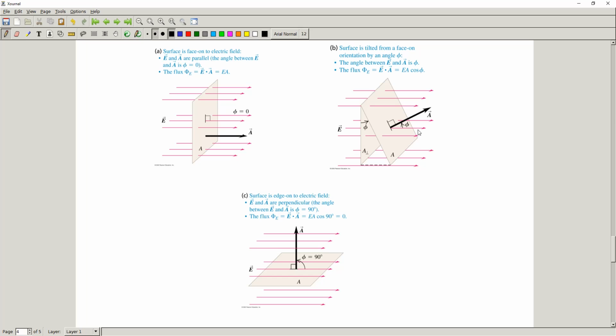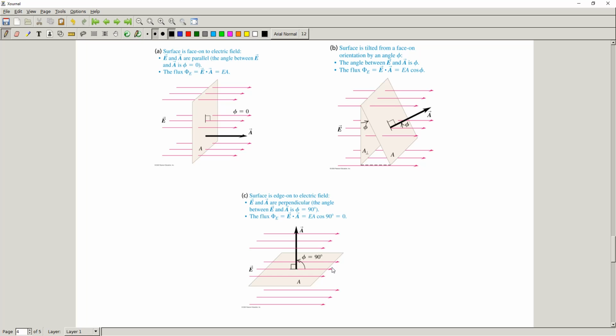And so we're going to have somewhat less flux going through there. And in image C, we can see that our electric field lines and our area vector are directly perpendicular. And so the electric field line doesn't puncture through the surface at any point, so we have no flux going through the surface, and we can see that in this diagram.